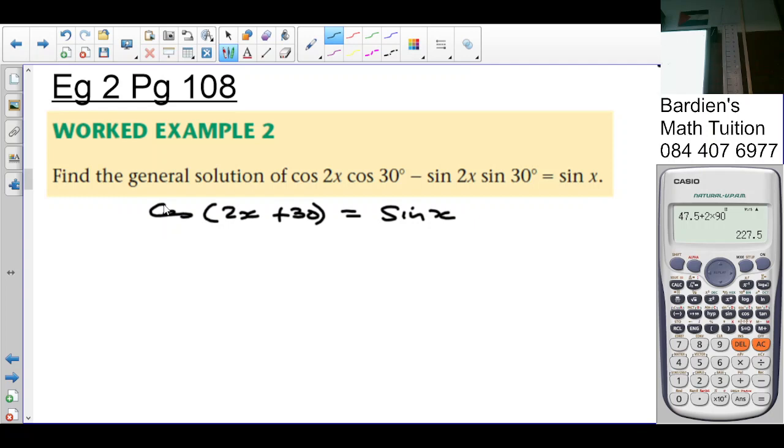Can I drop the coses and the sines here? No. We can only drop them if the ratios are the same. So how do I get to the same? You can either change cos to sine or sine to cos. I always keep the first one and change the second one. So we got cos of 2x plus 30 equals. Now sine of x can be written in terms of cos.